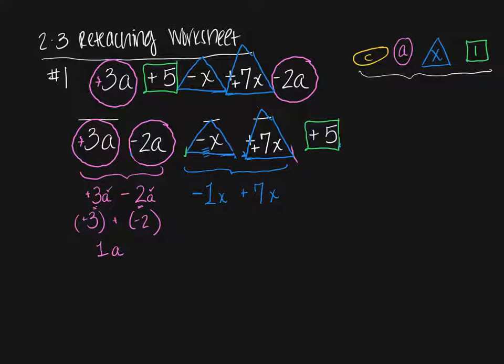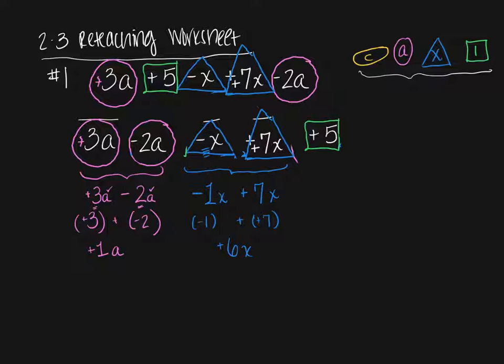I'm going to add negative 1 plus positive 7. And that's the same as subtraction and taking the sign of my bigger number since the signs are different. So negative 1 plus 7 is what? Good, it's positive 6x. Let's make sure that we're keeping our signs in front of our things.